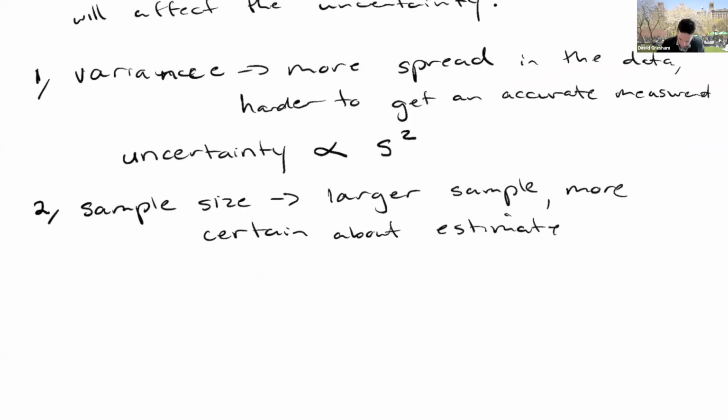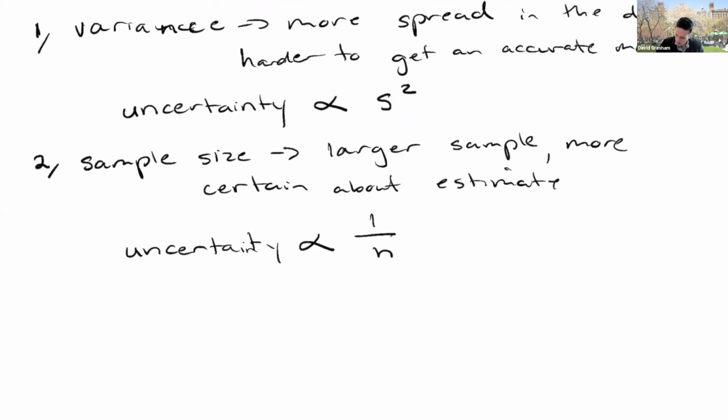Less uncertainty. Okay, so in this case, we'd say that uncertainty is going to be inversely related to the sample size. So that's 1 over n when it's the inverse, right?